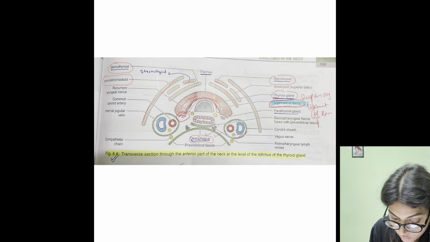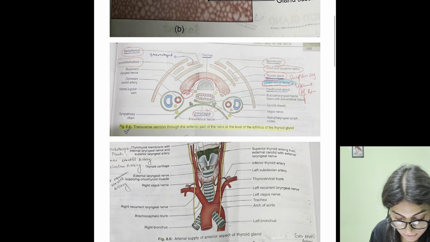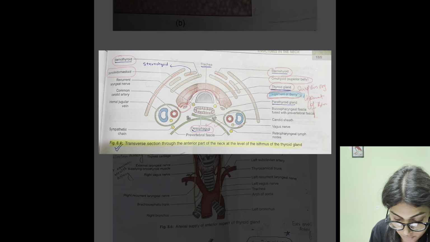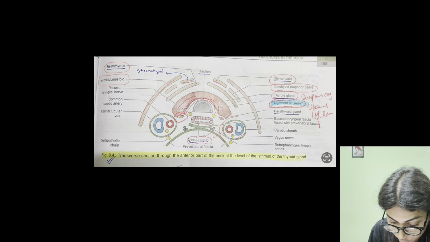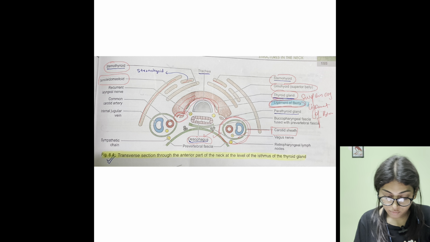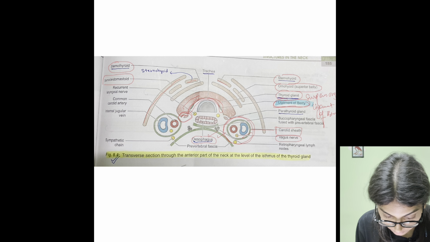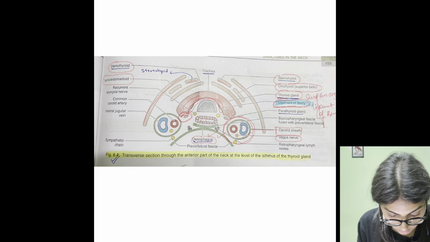And the superior belly of the omohyoid is this. And this is our posterior lateral surface. This is the carotid sheath, and the contents of the carotid sheath are: this is our vagus nerve, yellow color, and this is the blue internal jugular vein.